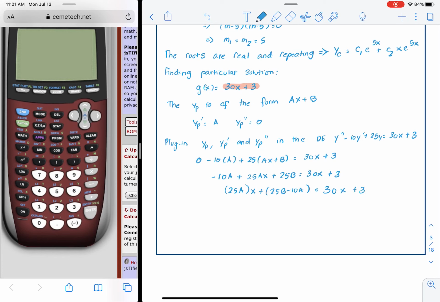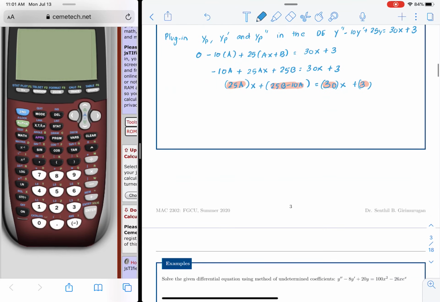So what we're going to do is we're going to make a direct comparison. We're going to equate 25a to 30 because it is the coefficient of x, and 25b minus 10a to 3. For 25a is 30, a is 30 over 25, which is 6 over 5.